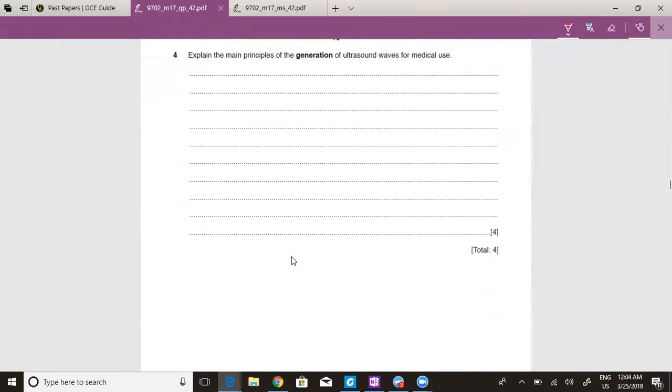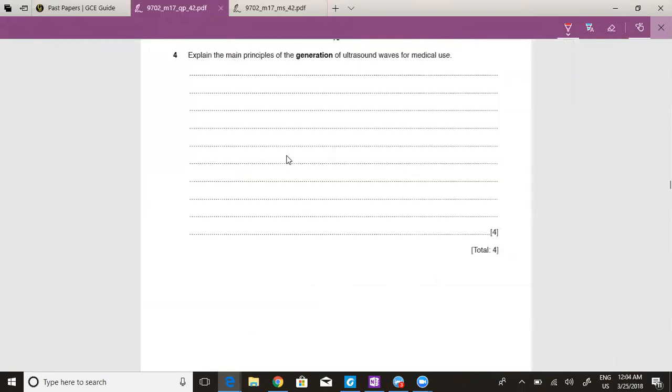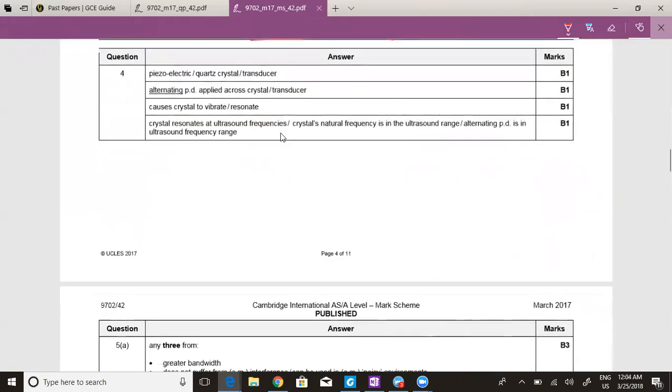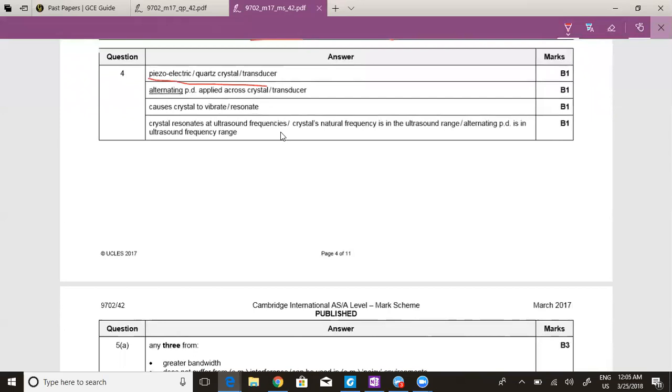Let's move on to the generation of ultrasound. So how is ultrasound produced? We have piezoelectric transducers. We have these crystals, and when you make them vibrate with an alternating EMF, they vibrate because of the EMF.